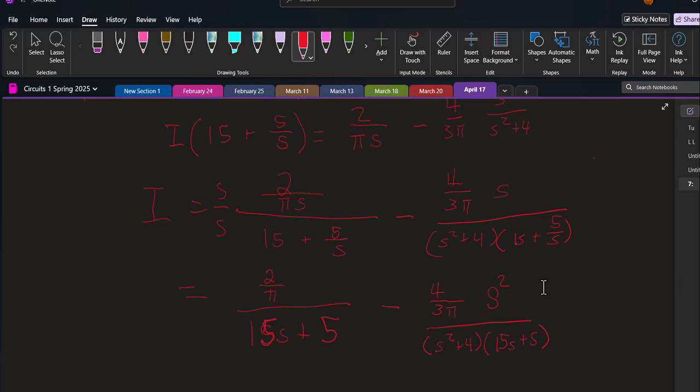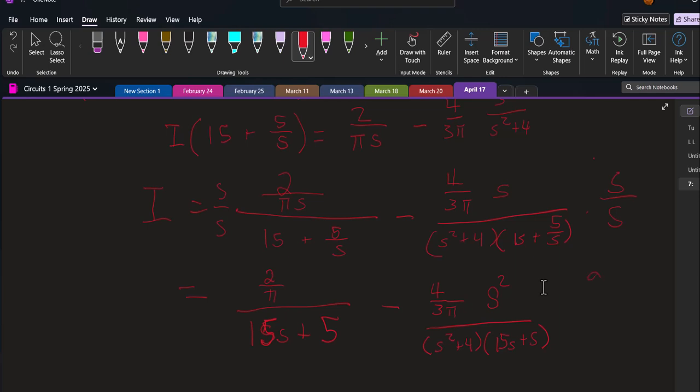So on the second fraction, when I multiplied by s over s, when you multiply three things together, the associative rule says you can group any two of them together, so I multiplied the s times the second one.